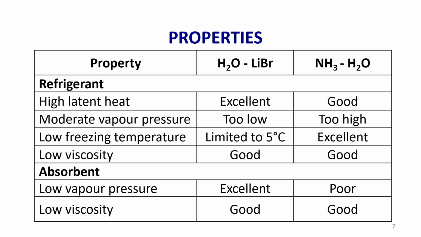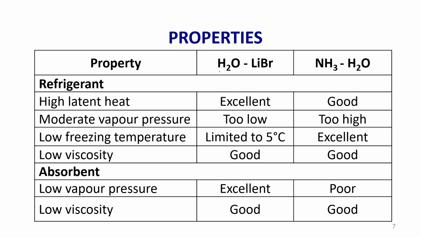So, before seeing the construction and working principle of an ammonia water absorption system, let us see the properties based on which the refrigerant, the absorbent and the solution are selected. The next lecture is properties of refrigerant. We will be seeing in detail about each and every property which is required, on what basis the refrigerant is selected. So, if you see the high latent heat, I have compared this property for both the working fluids.